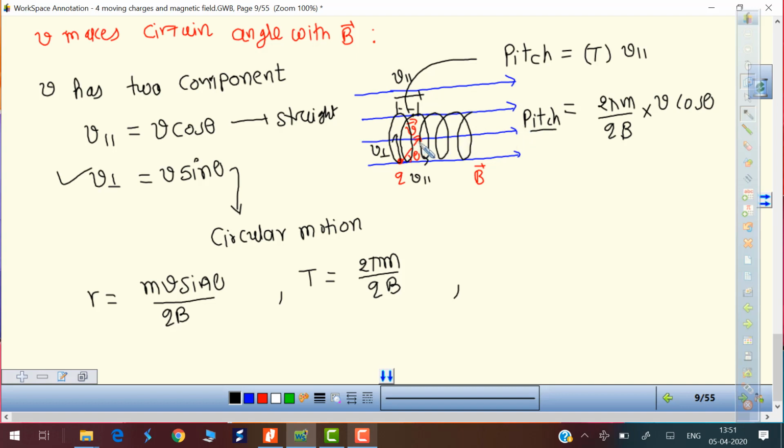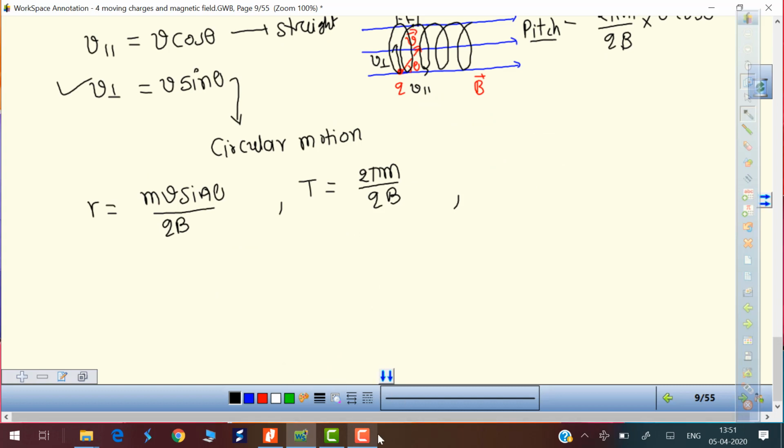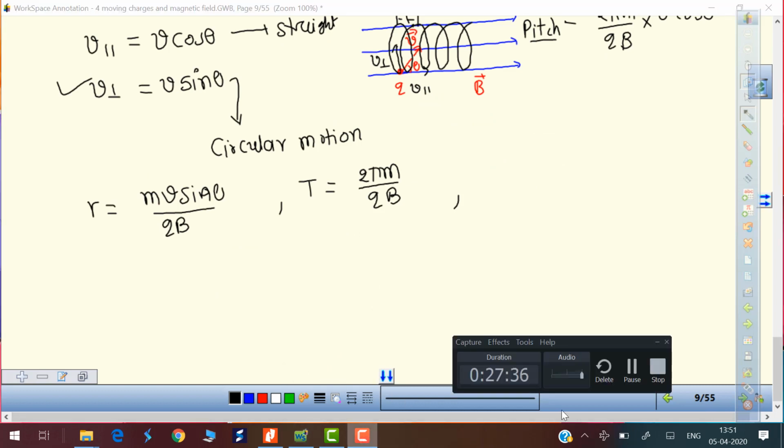Knowing the number of rotations and the distance, you can find how much time it takes. So a problem can also be asked like that. Still, we want to discuss something in the next lecture, and it is very important also.